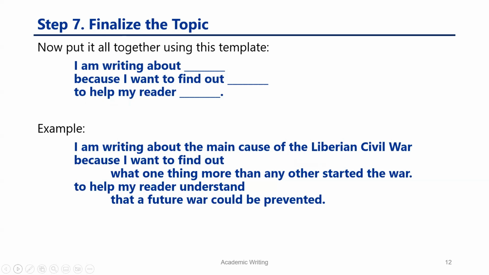I am writing about the main cause of the Liberian Civil War because I want to find out what one thing more than any other started the war, to help my reader understand that a future war could be prevented. So that is a good, strong, formal statement of a topic.